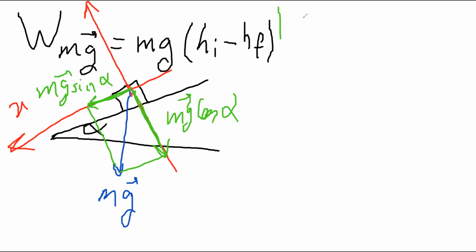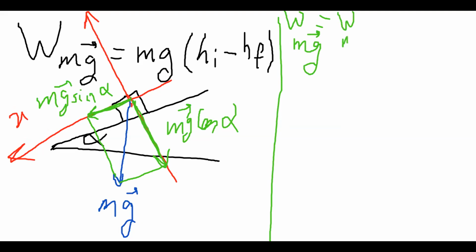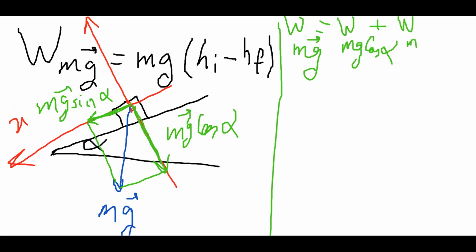So work done by mg equals work done by mg cosine alpha plus work done by mg sine alpha. Work done by mg cosine alpha is 0.